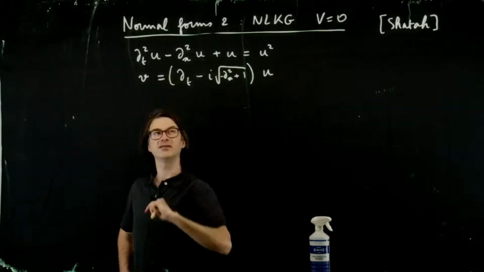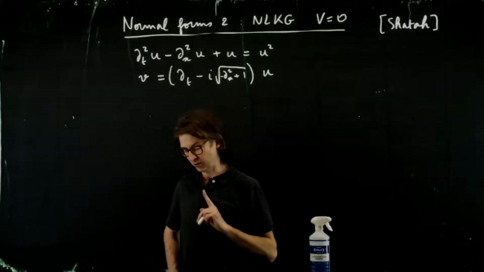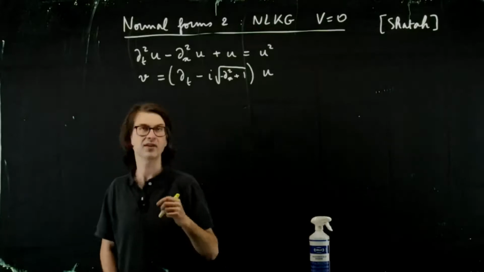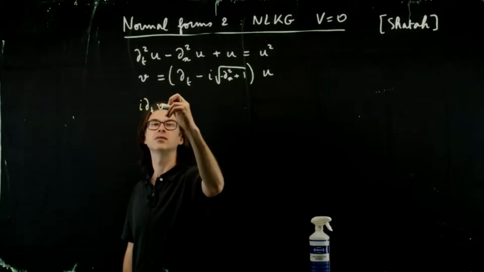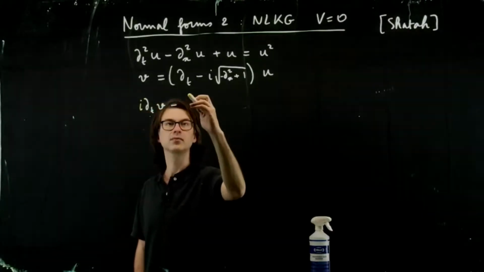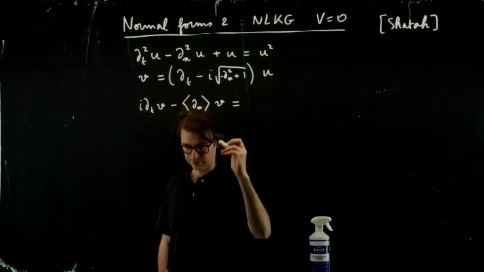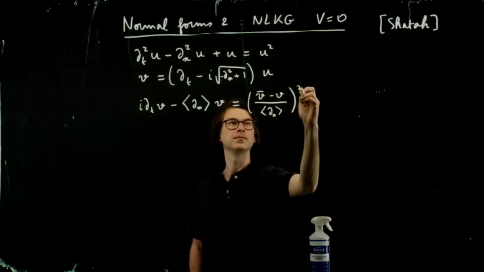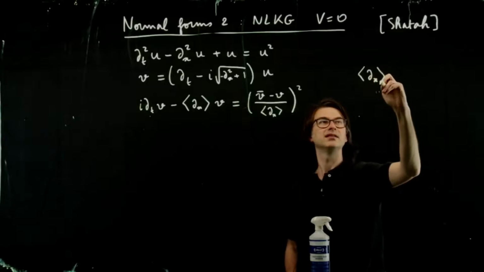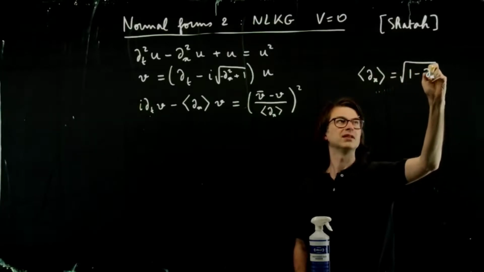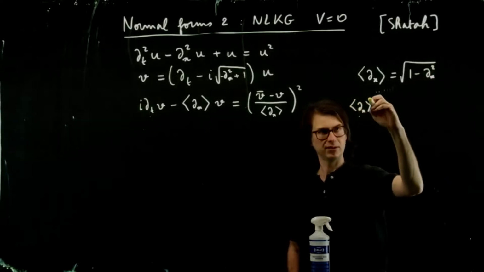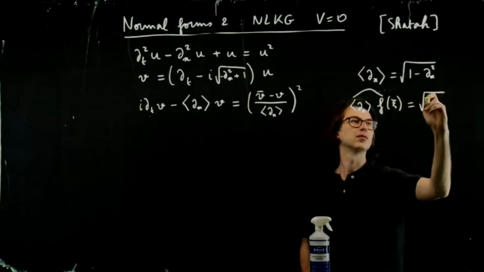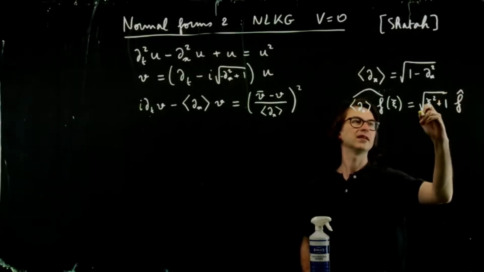So V is now a complex valued function, but it satisfies a first order in time equation, as opposed to U, which is real valued but satisfies a second order in time equation. So the equation satisfied by V, if you do the computation, where the angle-bracket operator is defined to be the square root of 1 minus the Laplacian, or in other words, it's the Fourier multiplier denoted bracket xi.